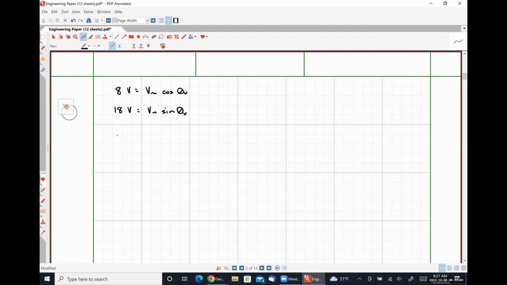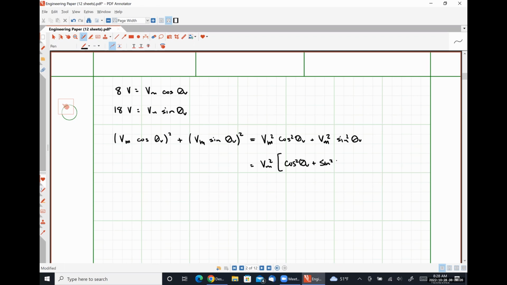So if I add Vm cosine theta v squared, which I know I have a numerical value for, and Vm sine theta v squared, I can express this as Vm squared cosine squared theta v plus Vm squared sine squared theta v, or simply Vm squared times cosine squared theta v plus sine squared theta v, where cosine squared plus sine squared is 1, right?